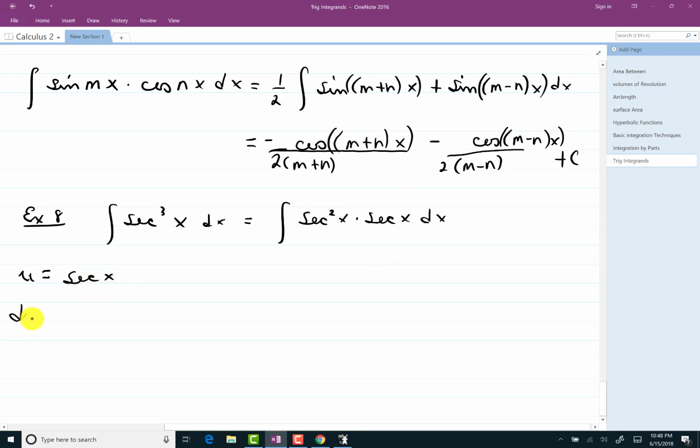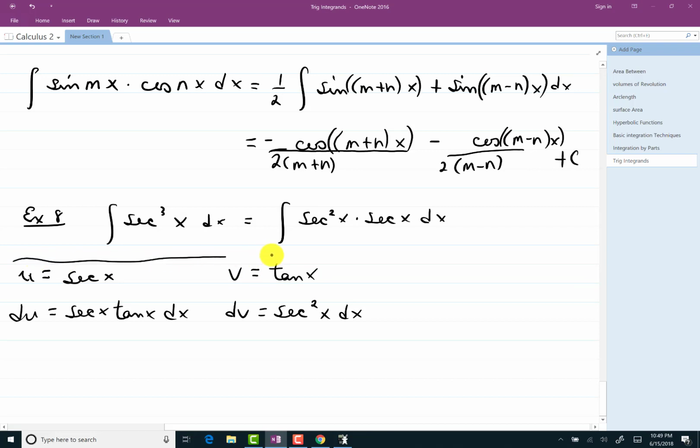Then du will equal secant of x tangent of x dx. And then dv I'm going to let be secant squared of x times dx. The reason for that is because v is simply tangent of x.